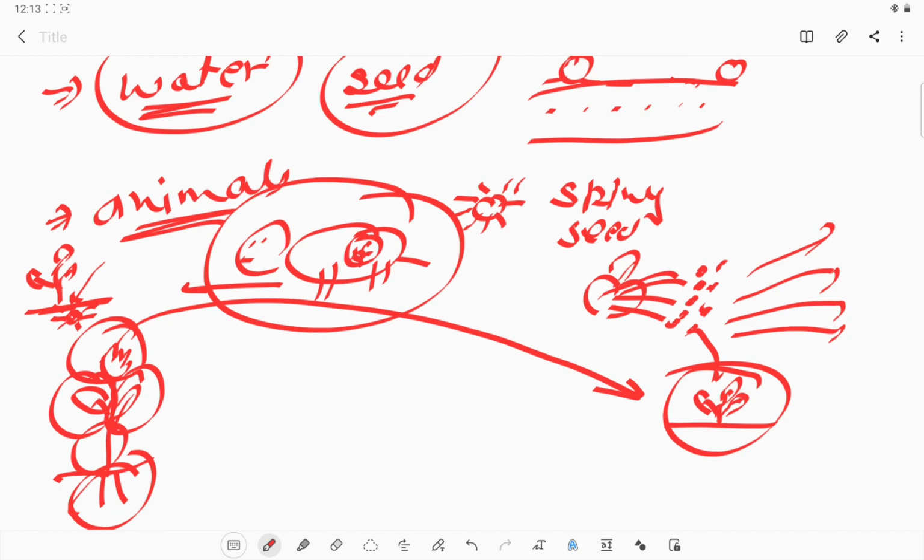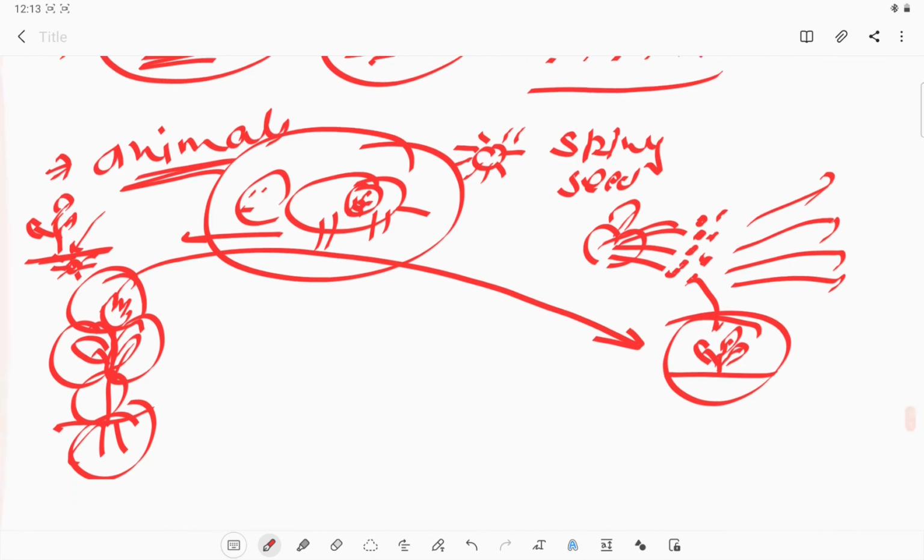Asexual reproduction also has some basic categories like budding, cutting, or fragmentation. There are some other examples also in asexual reproduction. So as a summary, we can say that in plant reproduction there are two modes of reproduction: one is asexual and one is sexual reproduction.